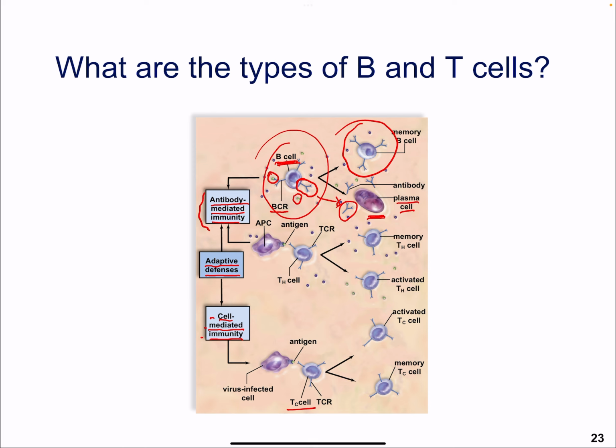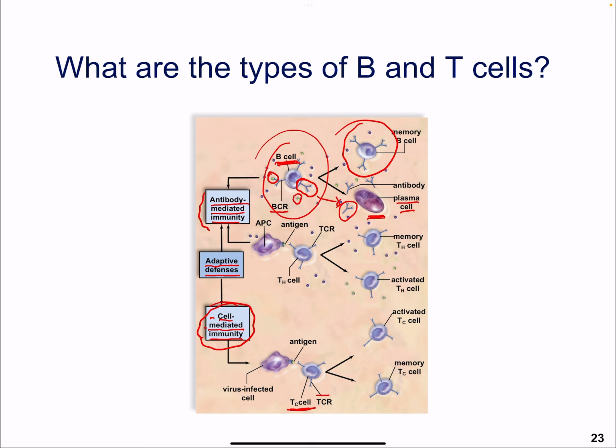Now, let's take a look at the cell-mediated immunity. In here, just like the B cell, the T cells have some receptors that are called T cell receptors. These T cell receptors are unable to recognize free-floating antigens. Let me repeat that.